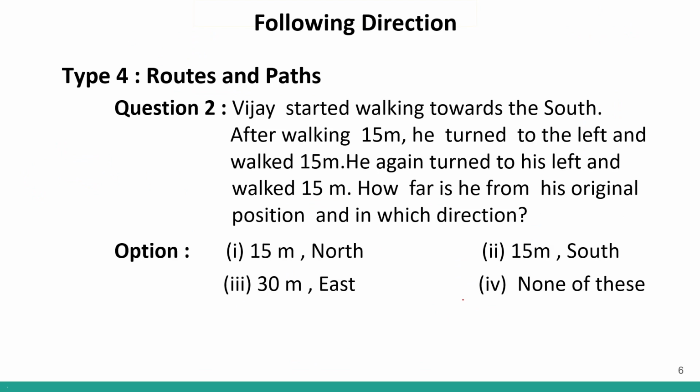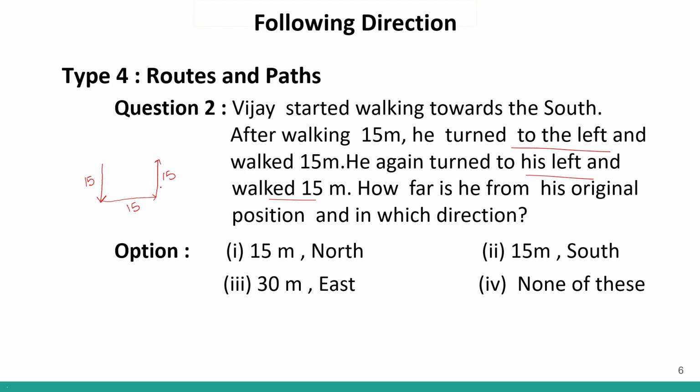Now, Vijay started walking towards the south. So Vijay is going in this direction and he walks for 15 meters. Then he turns to the left. He's coming in this direction and he walks for 15 meters. He then again turned to his left and walked 15 meters.